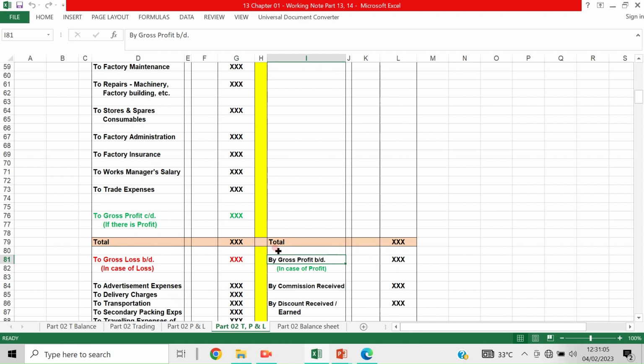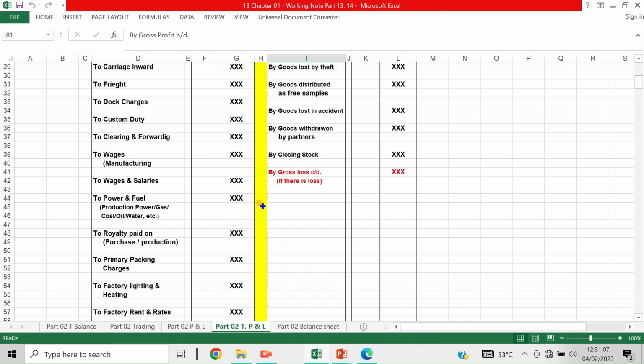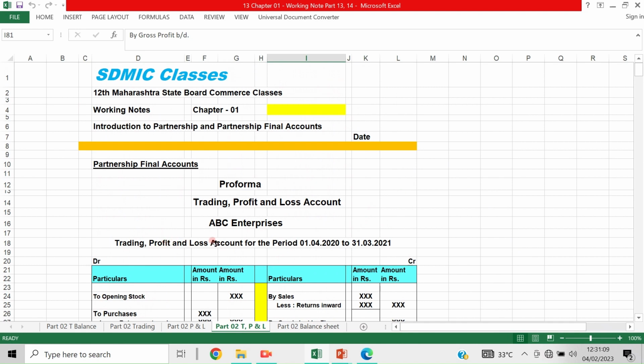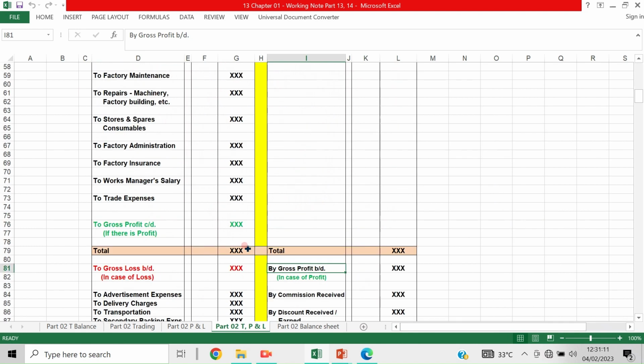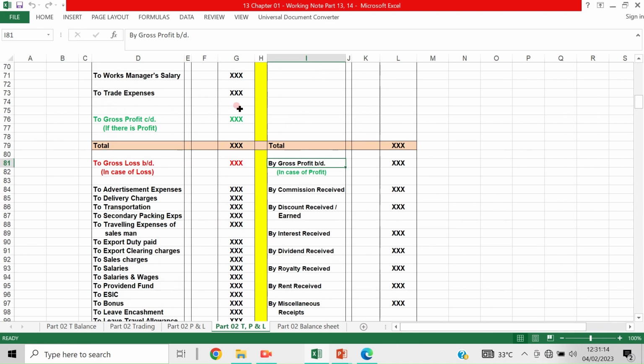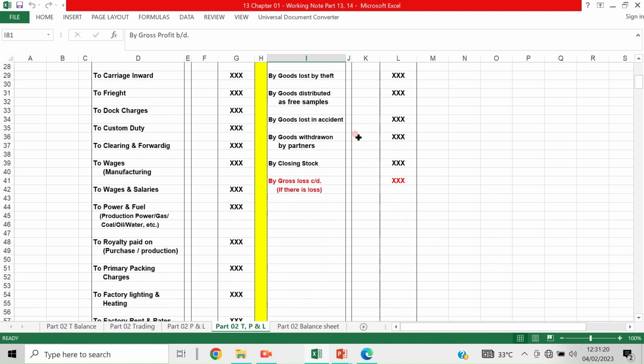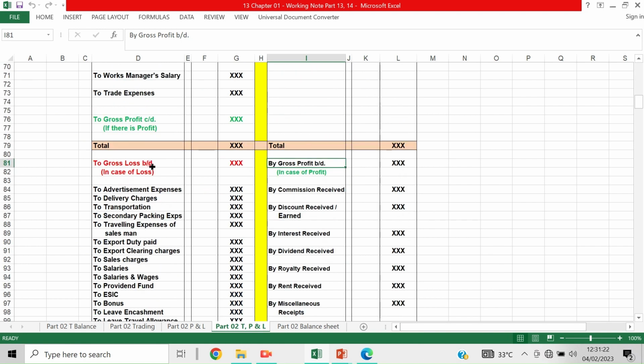Here we are not writing profit and loss account separately, because the heading trading and profit and loss account for the period is already given. If the direct expenditure is more than the direct income, then there is a gross loss, and in that case it should be brought down as gross loss brought down.